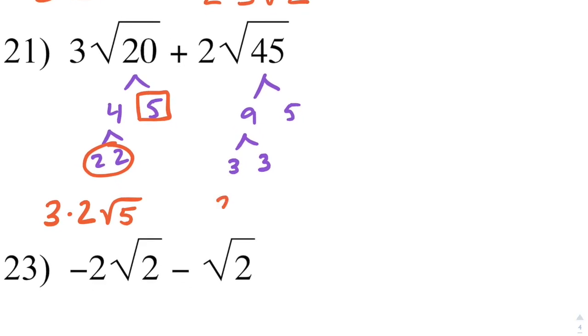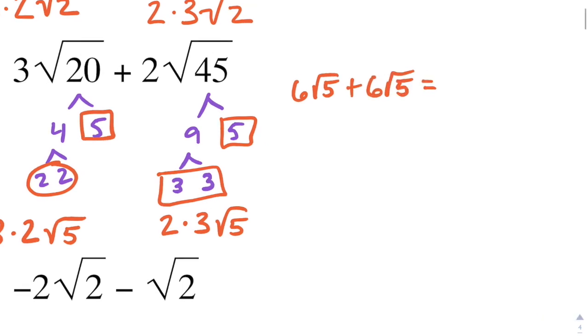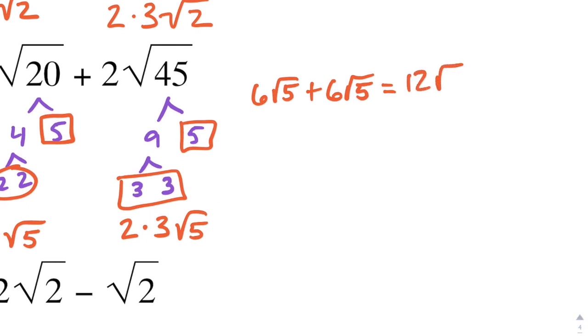In this one, we have my original 2, we have a group of 3, and 5 is left over. Perfect. I can combine them. I'm going to have 6 square roots of 5 plus 6 square roots of 5, which is a total of 12 square roots of 5. And I'm done.